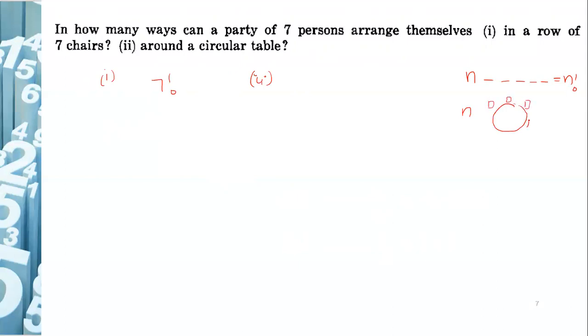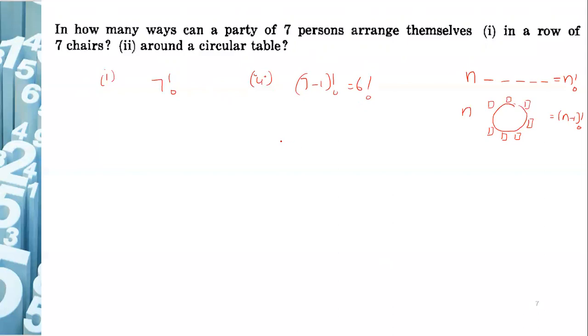So n persons are trying to sit around a table. How many ways can they arrange around a table? Make a note: this is n minus 1 factorial. So clearly here it is 7 persons around a table. They can be arranged in 7 minus 1 factorial, which is 6 factorial. Right?